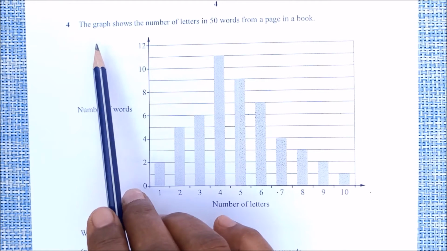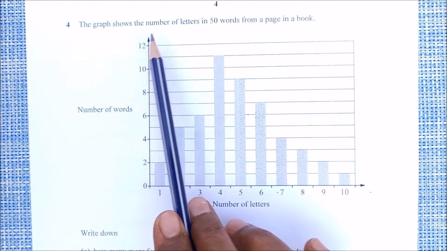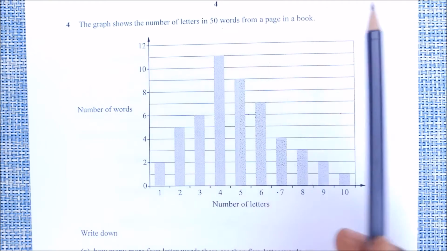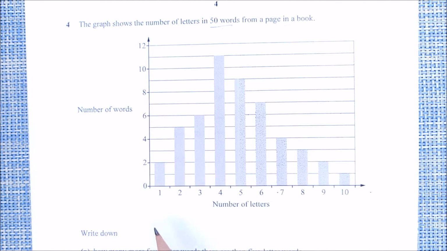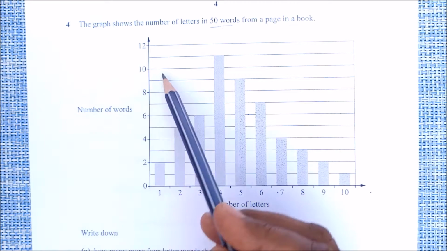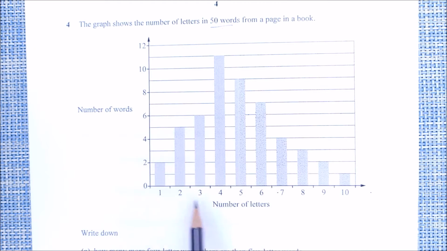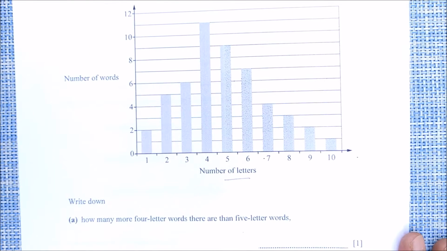Next is question 4. The graph shows the number of letters in 50 words from a page in a book. In this graph we have number of words along the vertical axis and number of letters along the horizontal axis. The question is to write down how many more 4-letter words there are than 5-letter words.